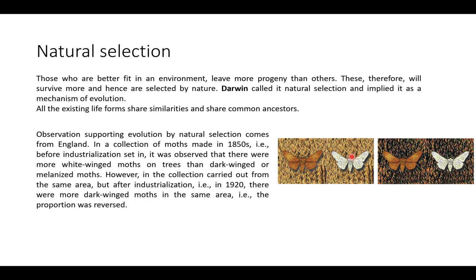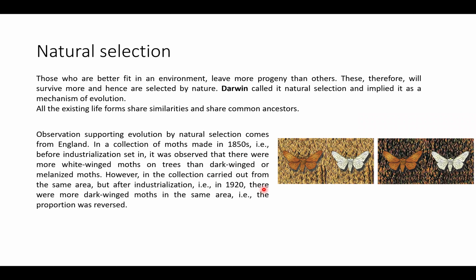The bark of the tree on which the moths reside is white, which favored the white-winged moth, and the black-colored moths are contrasting against the bark, and they are easily picked up by the predators.